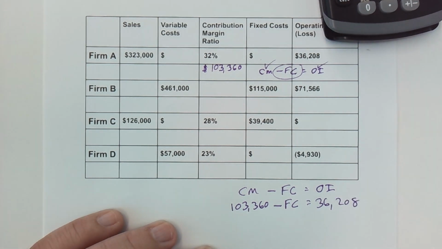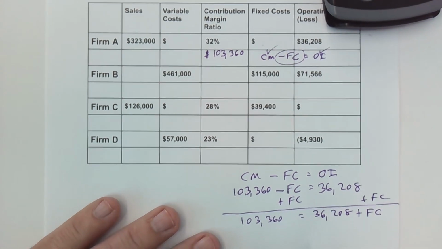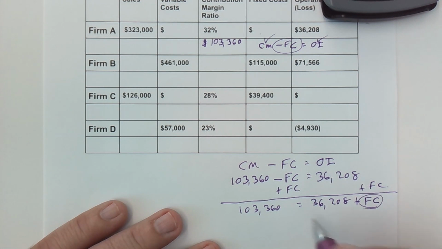36,208. So I can add fixed costs to both sides, and that leaves me 103,360 is equal to 36,208 plus fixed costs. I want to get fixed costs by itself, so I'm going to subtract 36,208 from both sides.